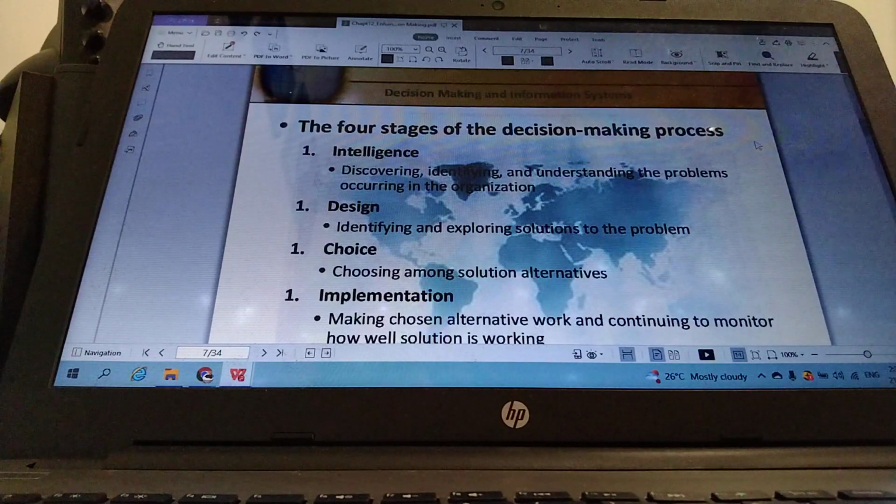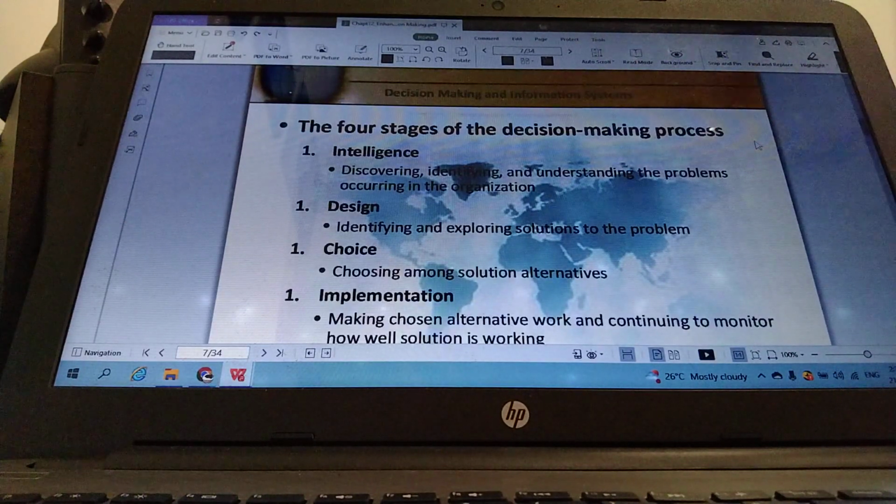So these are the 4 stages. First stage is intelligence, where you involve in discovering and identifying and understanding. The next stage, you move into design, where you are identifying and exploring solution to the problem. The third stage is choice, where you choose one among the solution, maybe the best practice or the best alternative.